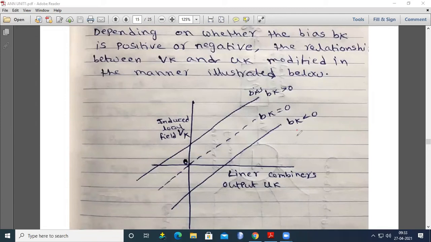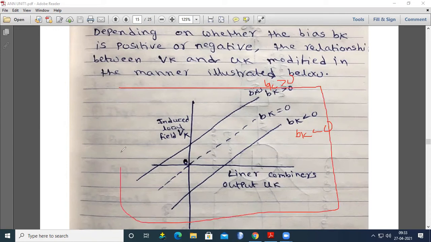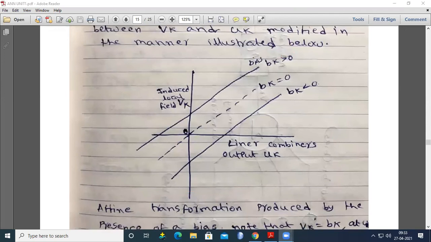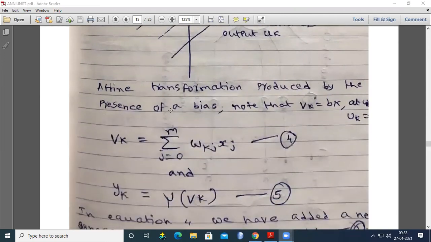If the bias bk is less than 0, greater than 0, or equal to 0, and we draw the map between uk and vk, we get a map like this. An affine transformation is produced by the presence of a bias.